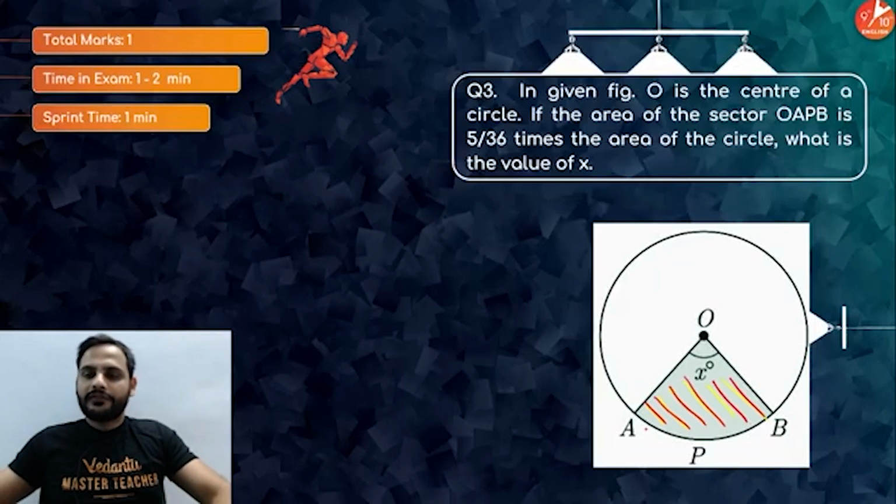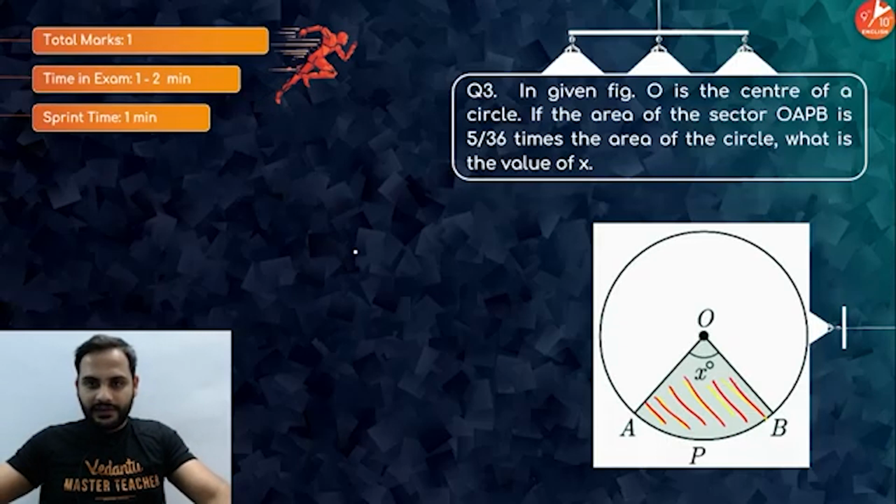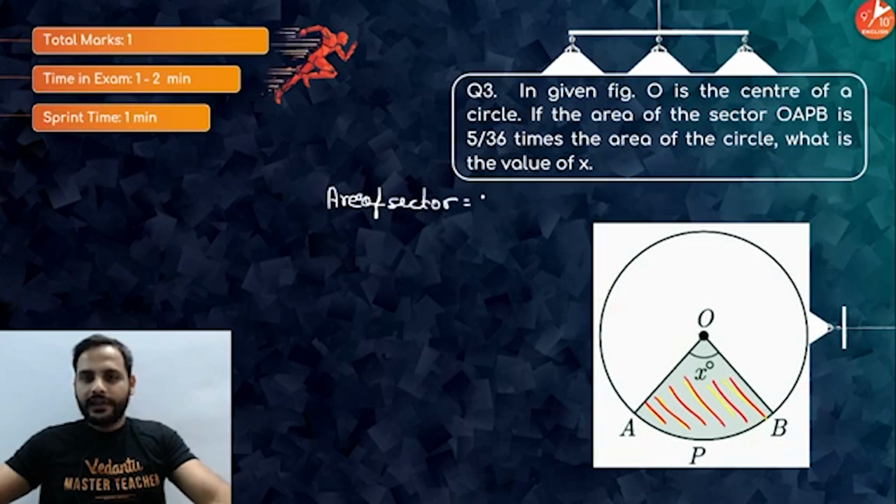Area of this sector OAPB is 5 by 36 times the area of the circle. What is the value of x? So I can say area of this sector, ठीक है? Area of this sector is given as 5 by 36 times the area of circle, which is pi r square.